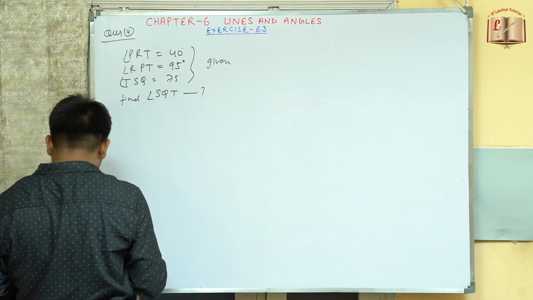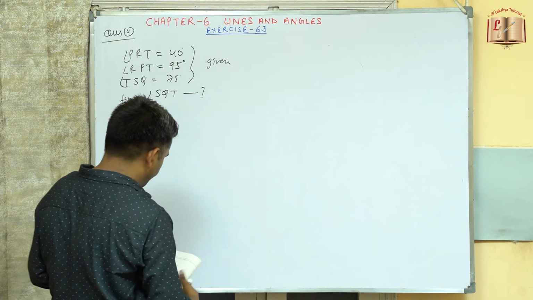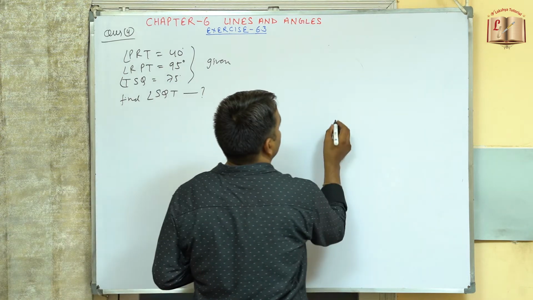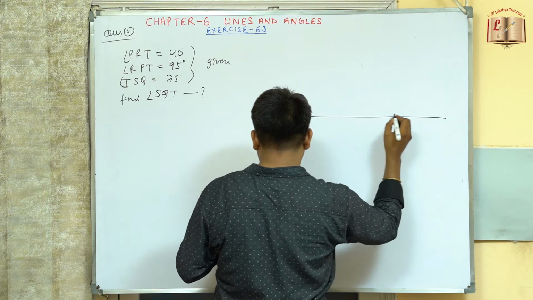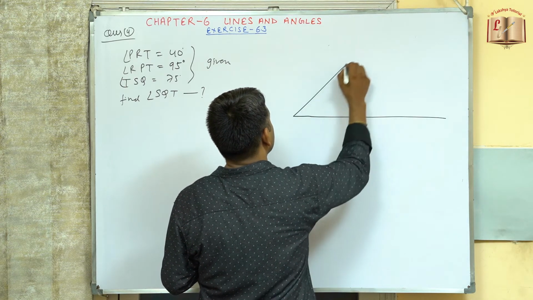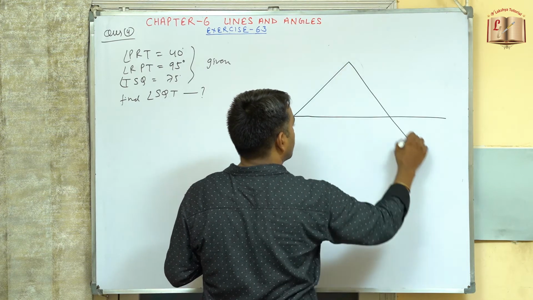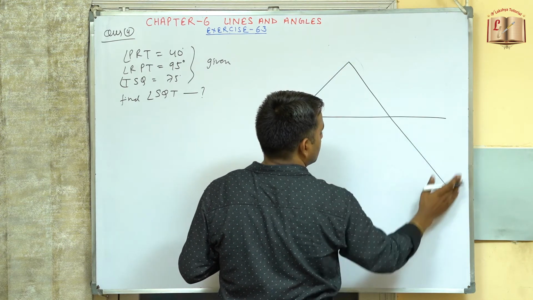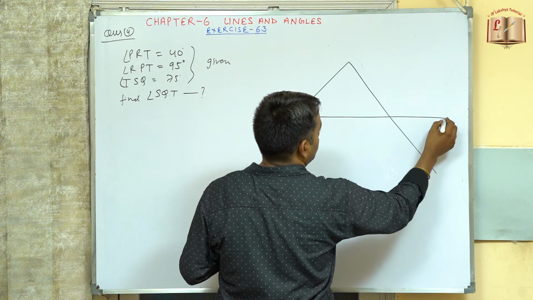Now we come to this figure 6.42. This is a straight line from point P going straight to this point.